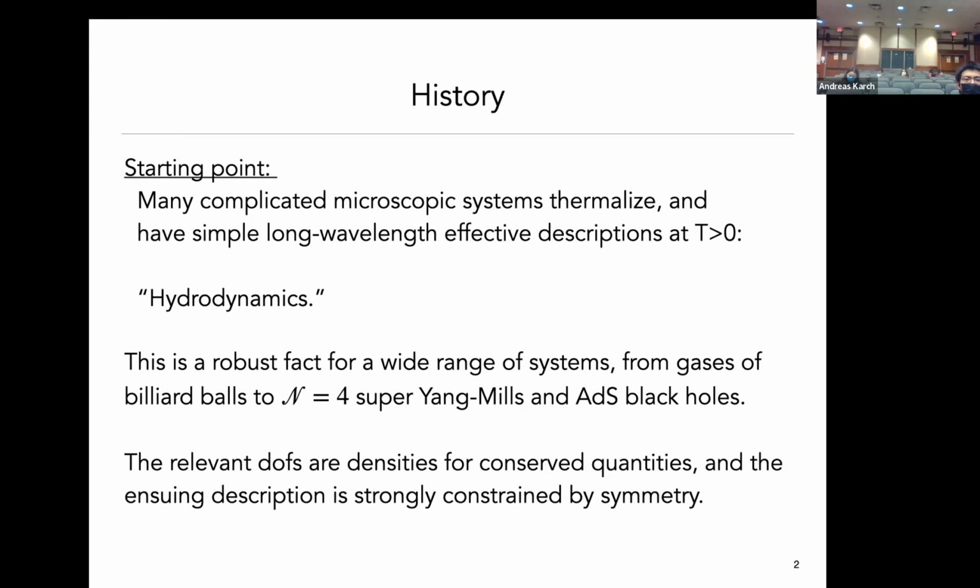In these models of transport, the relevant degrees of freedom are merely the densities for conserved quantities. And the ensuing description is very tightly constrained by symmetries of the problem, which is very nice for us. It's one of the few things that we know from the get-go when talking about these strongly correlated systems.